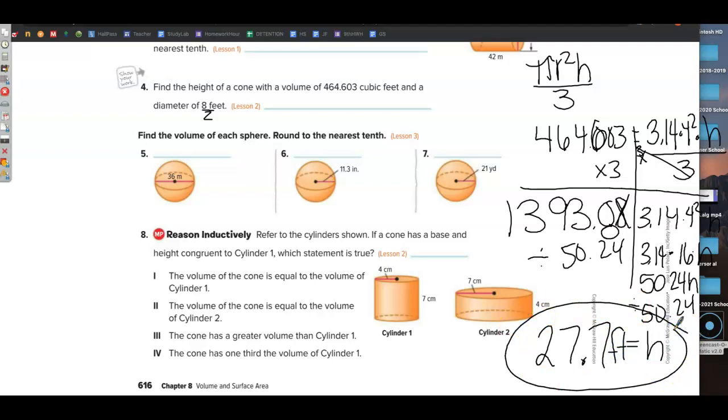Okay, so yes, that is the height. And you just label it feet because it is just a height measurement.